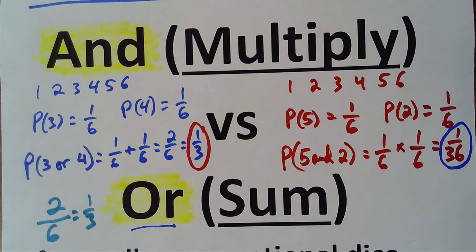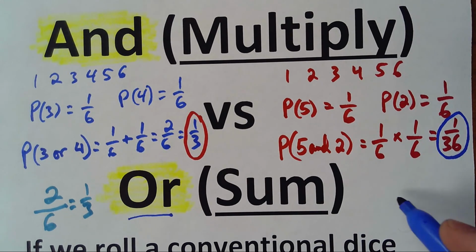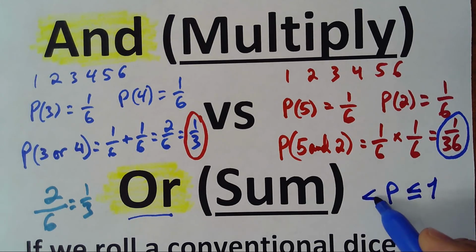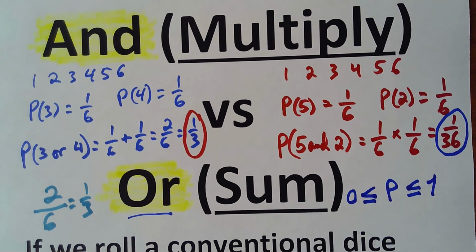Now remember that a probability can never be greater than 1 or less than 0. So probability is less than or equal to 1 and greater than or equal to 0. It cannot be less than 0, it cannot be greater than 1. Okay, always. That's for all probabilities.